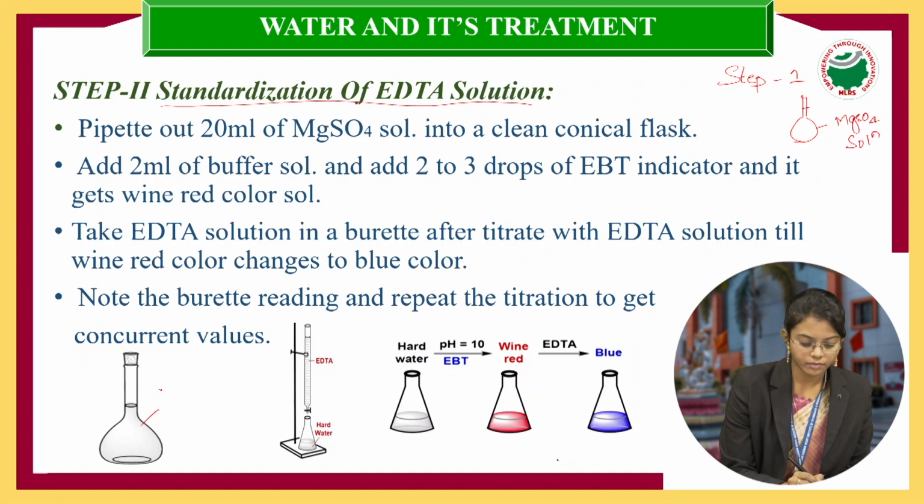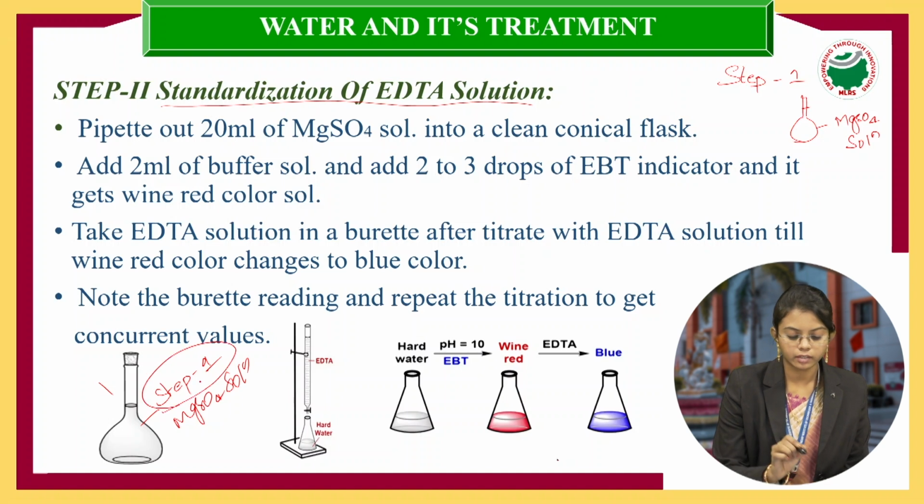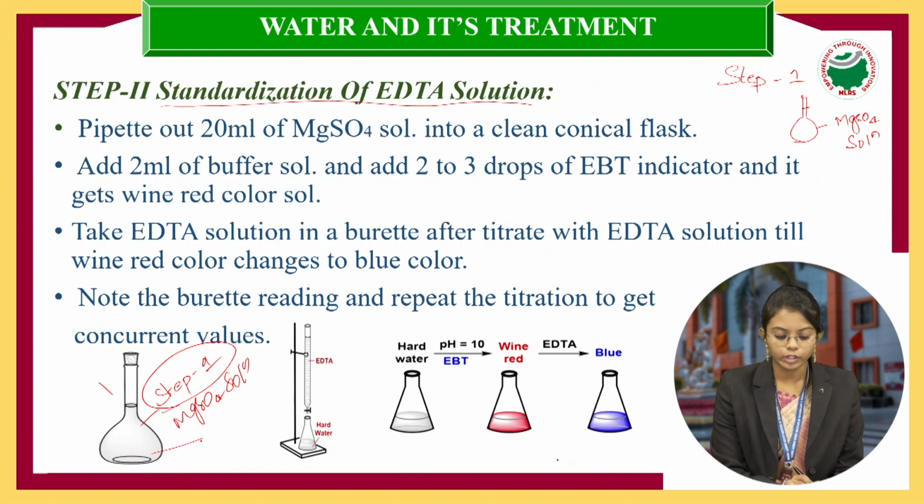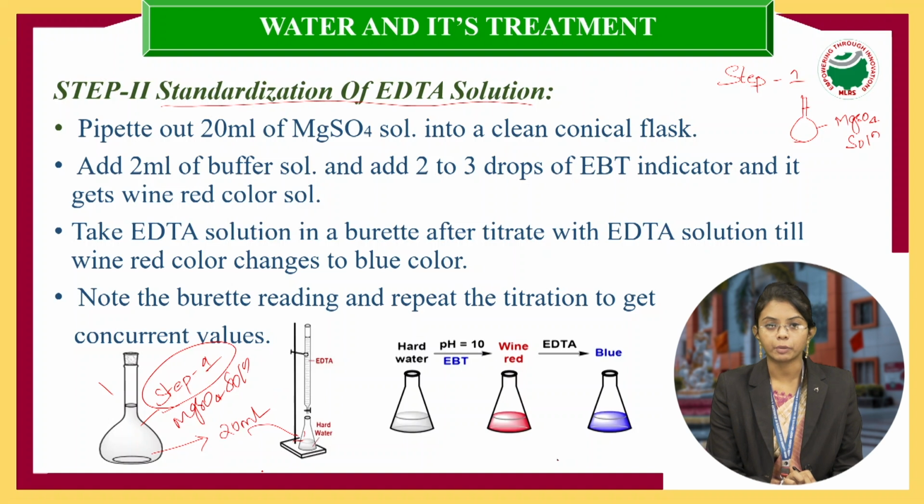Here you can see, this is the MgSO4 solution from step 1. Whatever solution we have prepared in step 1, we are going to pipette out 20 ml of it into a conical flask.